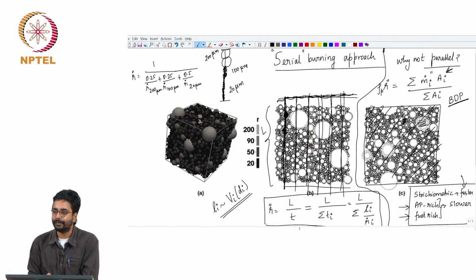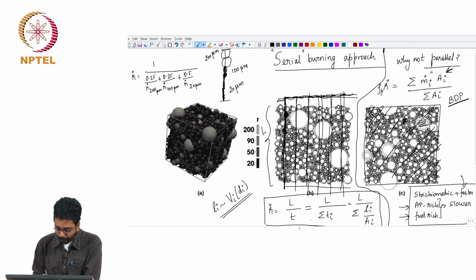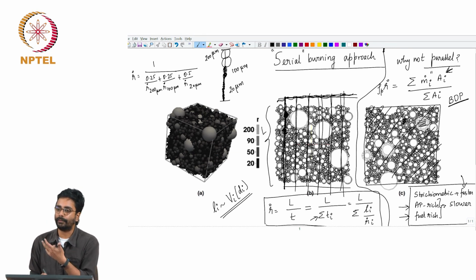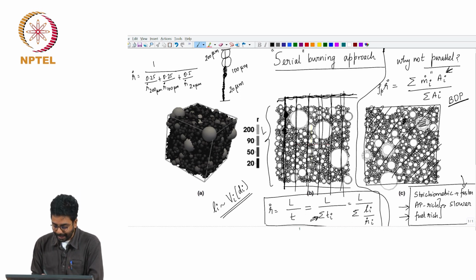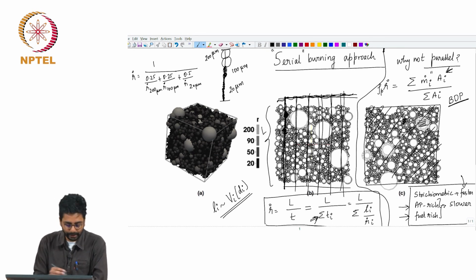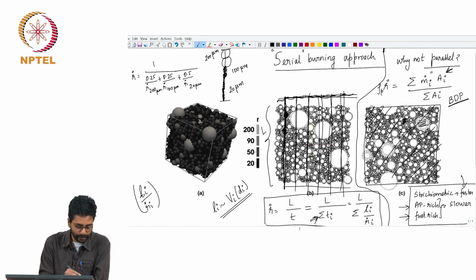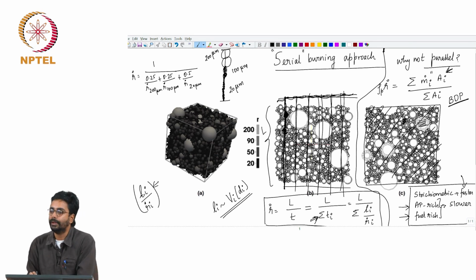But in this case, if you see, the weights come through the time contribution of the particles, and therefore even if you have a large fraction of faster burning moderate size particles, the time contribution of that, okay, will be smaller, because the time contribution for that segment will be the length fraction divided by the burn rate. Okay. So larger the burn rate, smaller is the time contribution from that particle.